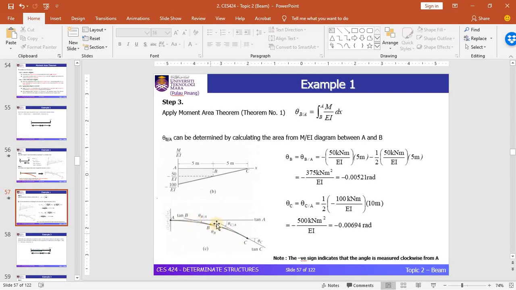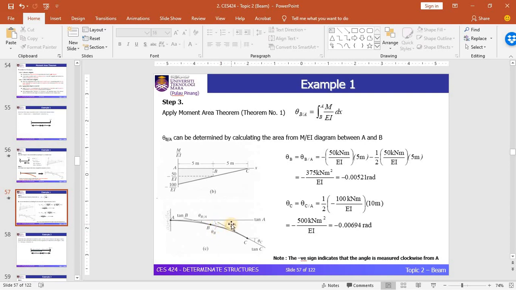Similarly for theta C, you can see that angle theta C is equal to theta CA, because this angle theta CA is from the horizontal towards tangent C, similarly for angle C from horizontal to tangent C. For point B, theta BA is from the horizontal towards tangent B. Meanwhile, theta B is from the horizontal towards tangent B.